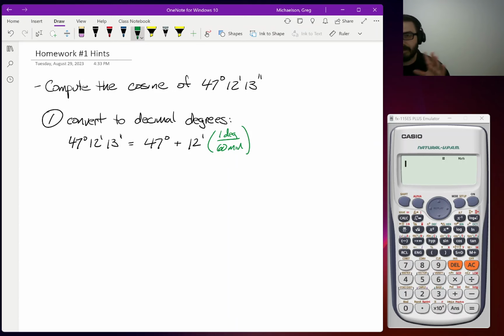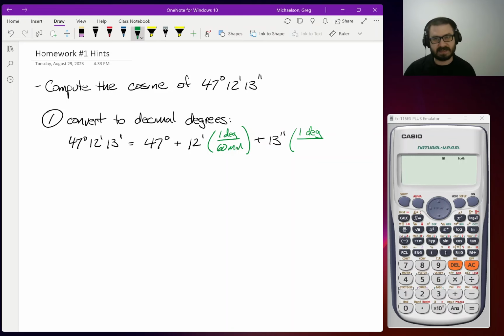So what that means is the minutes will cancel and you'll be left with degrees plus, and then 13 seconds, and you'll say there is 1 degree in, and so the number that goes on the bottom, there's 60 minutes in 1 degree and 60 seconds in 1 minute.